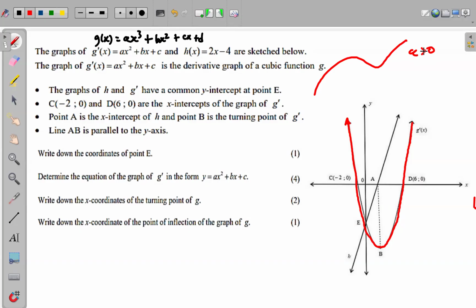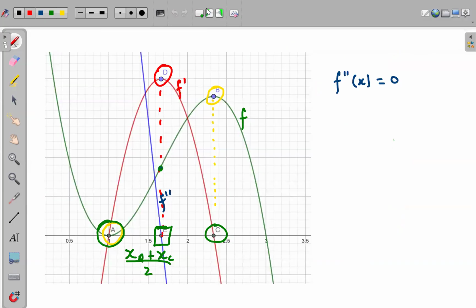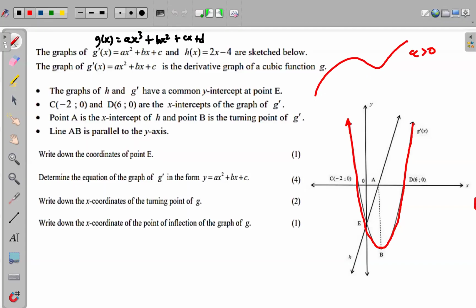So it's quite important to note that. If this parabola was a sad face, like in the illustration that I gave, then we know our cubic would be decreasing. So it is important to note that the happy parabola as a derivative says to you your cubic is actually an increasing function.